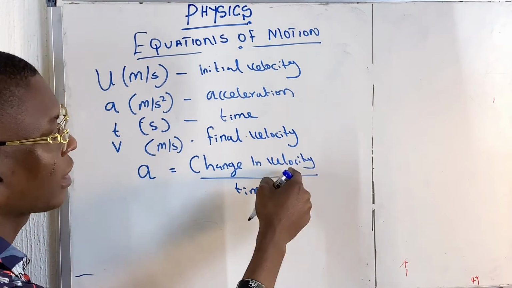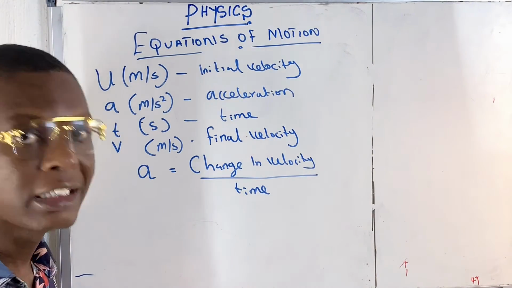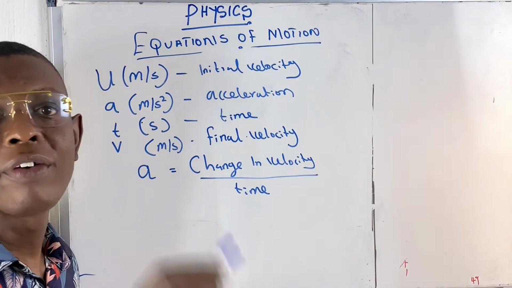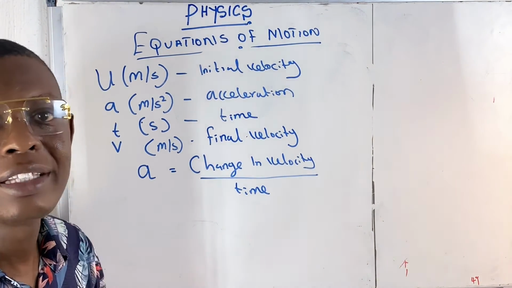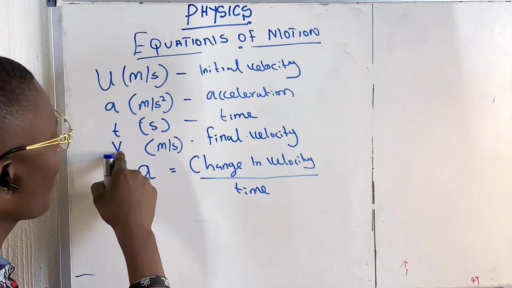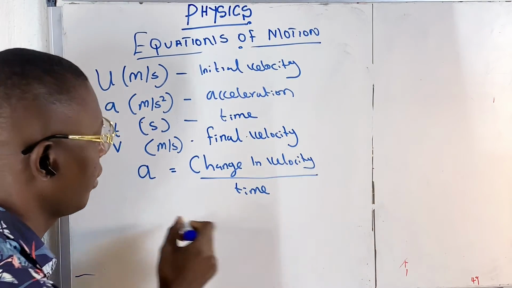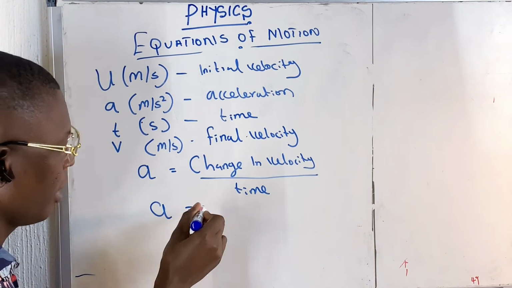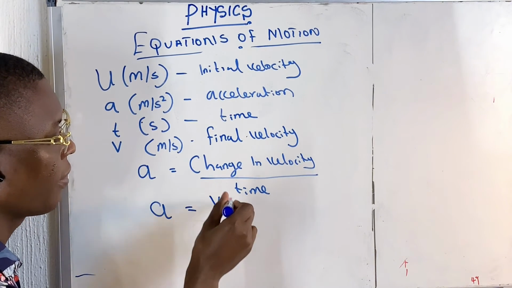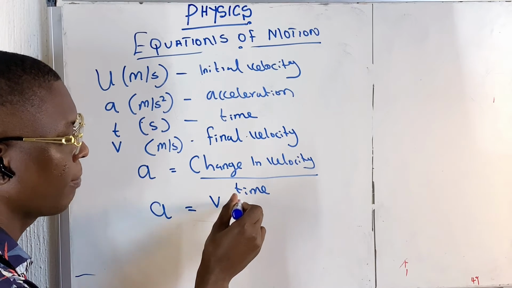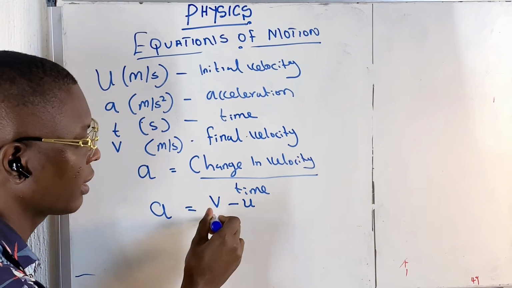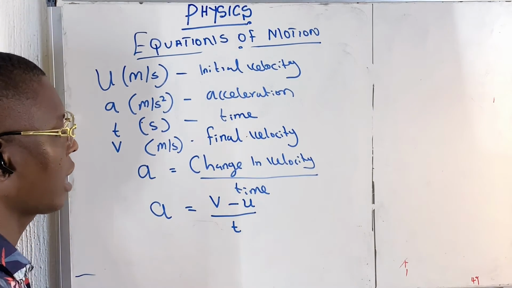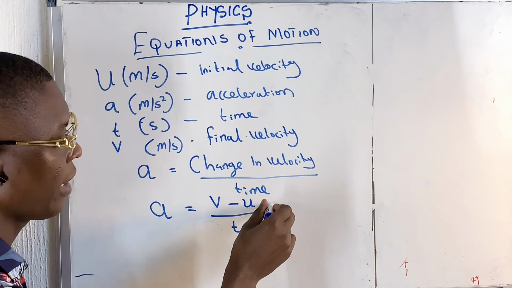Now, we know that a change in something simply means the difference between the final and the initial value. So we can simply write this as acceleration a will be equal to v, which is final velocity, minus u, initial velocity, over t, time.